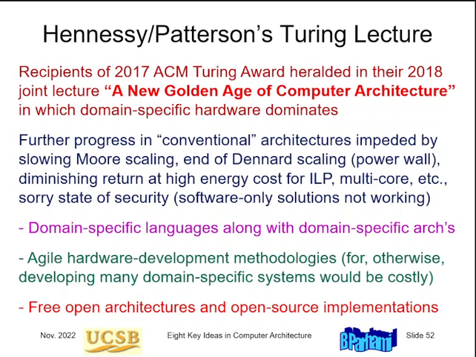In that, they basically said further progress in conventional architectures is impeded by slowing Moore scaling, end of Dennard scaling, that's basically power efficiency, and diminishing return at high energy cost for ILP. This is instruction level parallelism. So instruction level parallelism can no longer be exploited efficiently anymore.